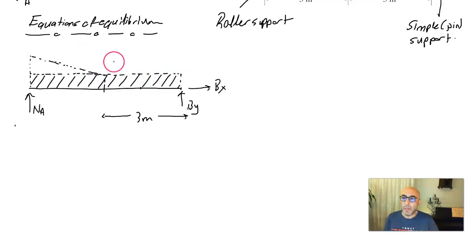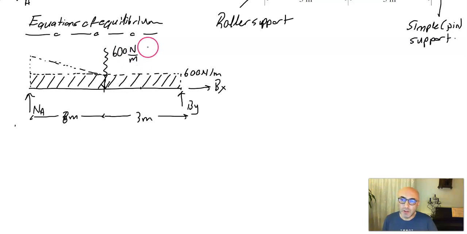So the equivalent single force representing the action of this whole 6 meter long and 600 Newton per meter deep rectangle would be passing through right in the middle, and that would be equal to 600 Newton per meter times 6 meters. That would be the magnitude of the equivalent force.